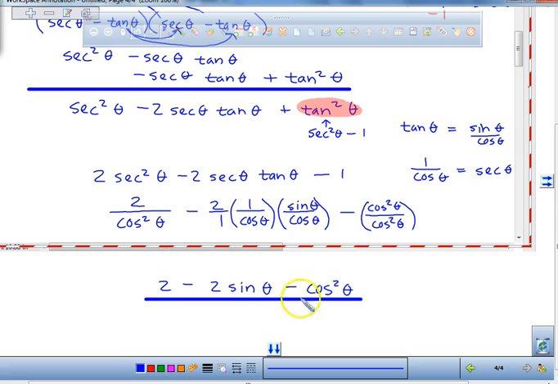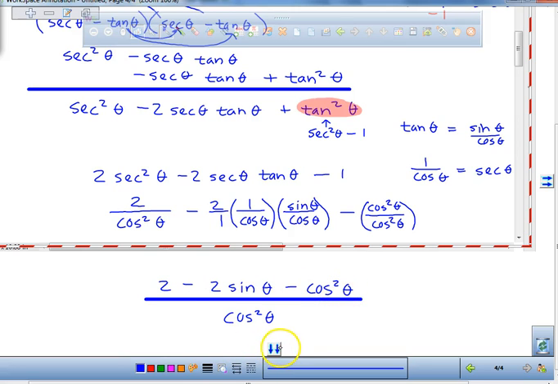Now, what's this all over? What's the common denominator that we found all the way across the bottom? Now, if you're like, wait a second, how in the world did you get that? Well, that's cosine squared theta. Cosine times a cosine is also a cosine squared theta, and then we change this to cosine squared theta. Now they would cancel out if this was all products, but we can't cancel them out just yet.